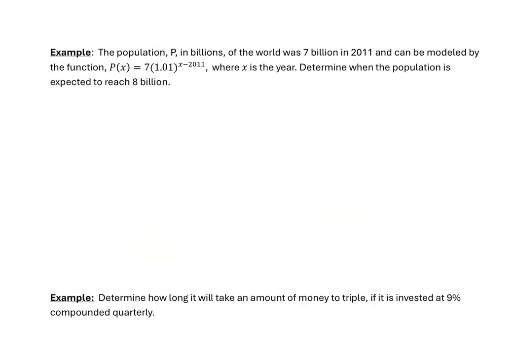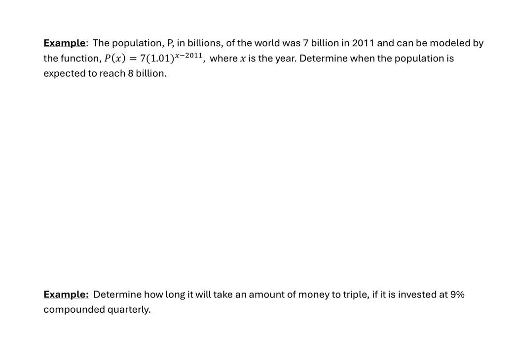All right, the second one we have is the population P in billions of the world was 7 billion in 2011 and can be modeled by the function P of X equals 7 times 1.01 raised to the X minus 2011, where X is the year.